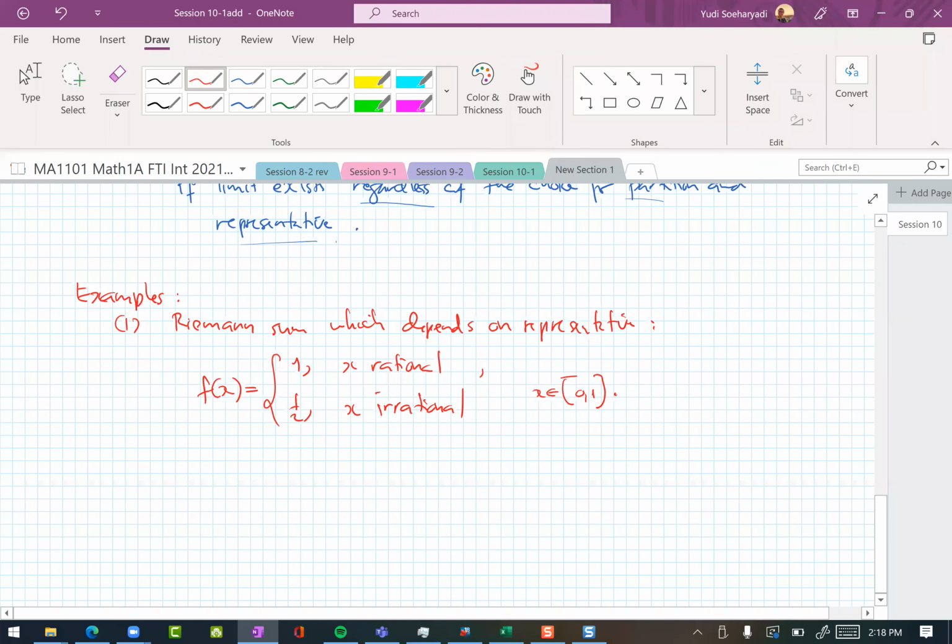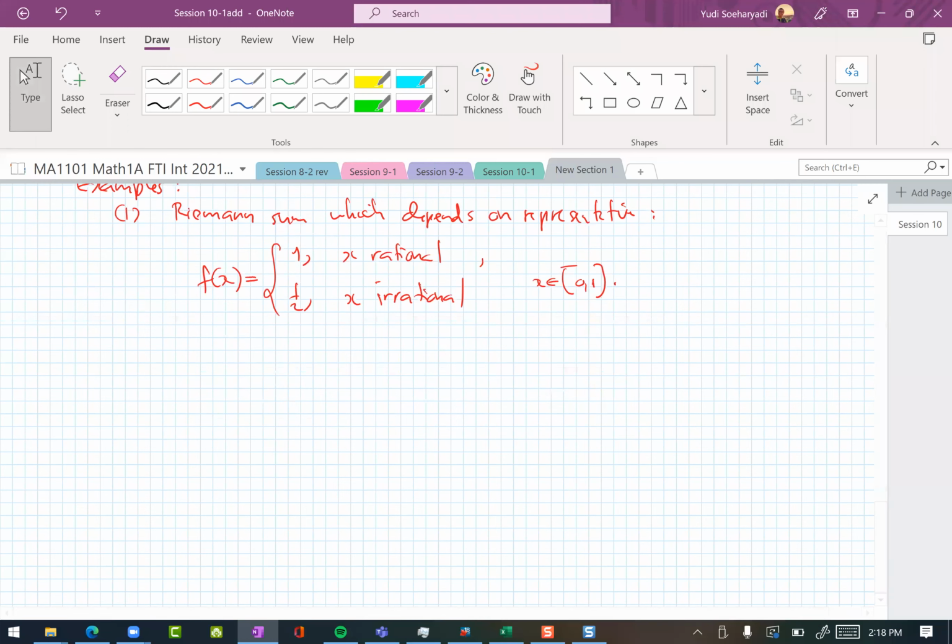So let's compute the Riemann sum. If you draw the picture, that's easy enough. This is 1/2. You get something that looks like this.